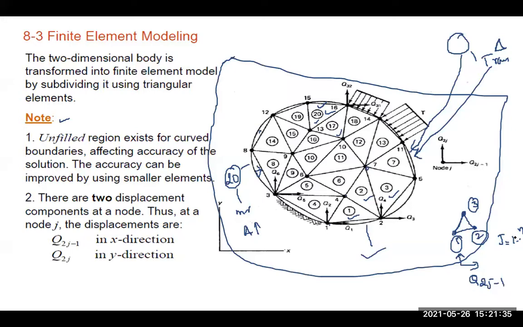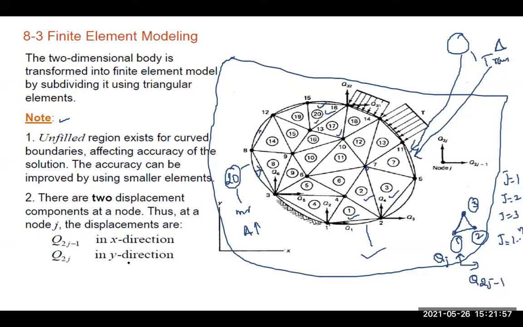If at nodal point 1, j becomes 1. If nodal point 2, j becomes 2. If nodal point 3, j becomes 3. So like that, j is equal to 1 to n nodal points. In the x direction, it becomes q of 2j minus 1. In the y direction, it is defined as q of 2j.